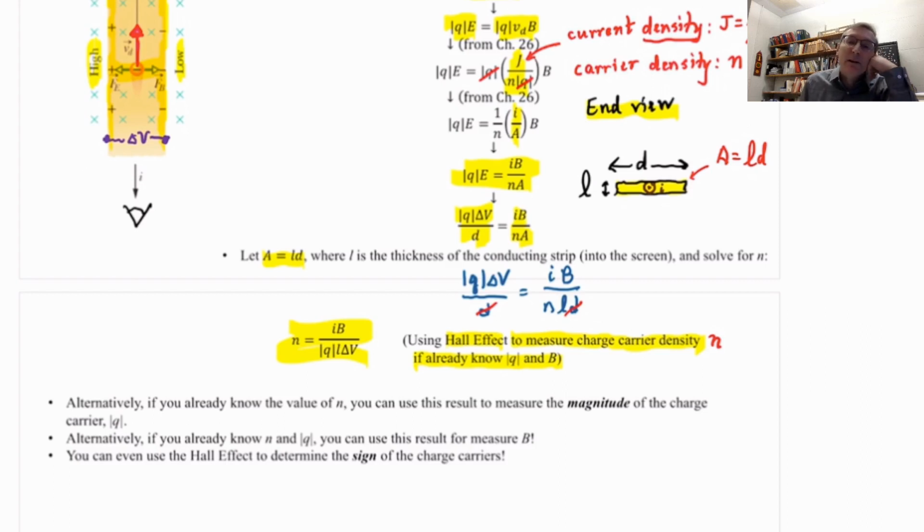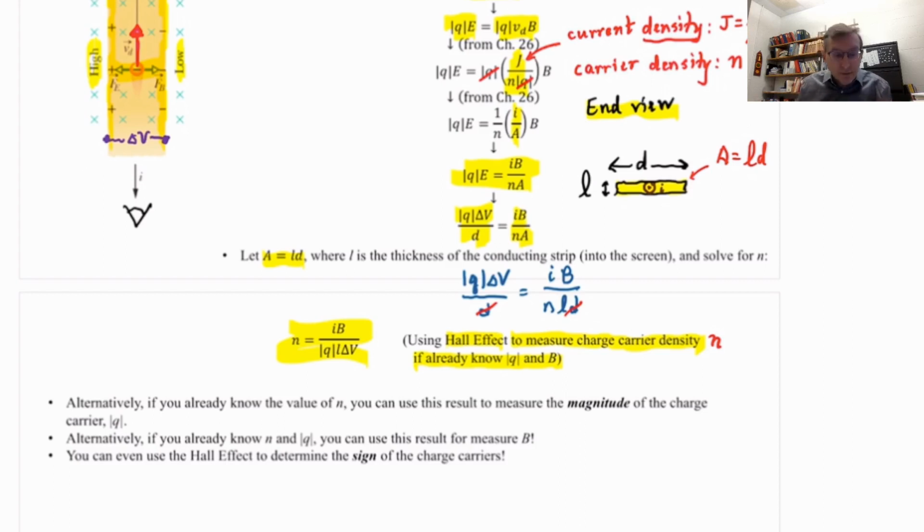Because you might have been wondering in chapter 26, where that concept of the carrier density first appeared, and we said, well, it's a property of the material. For example, copper has a certain carrier density, a certain number of conduction electrons per unit volume, per meter cubed. It would have been very legitimate for you to be thinking, well, how do you know what that carrier density is?